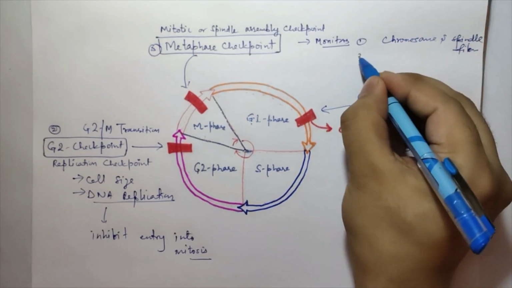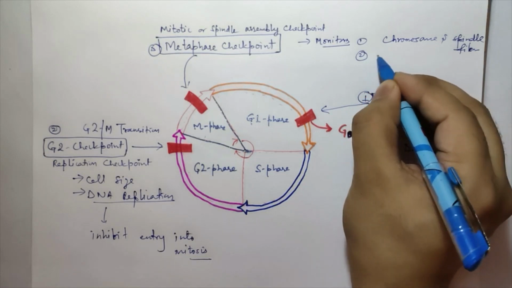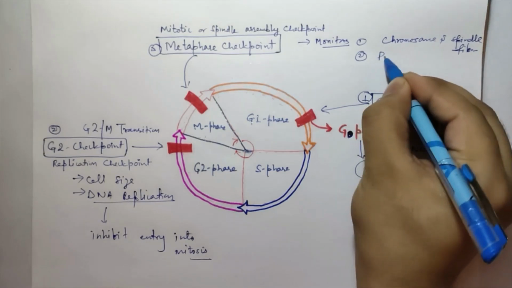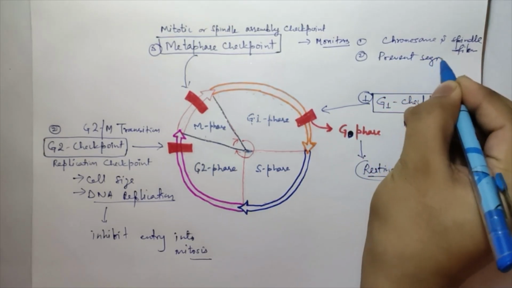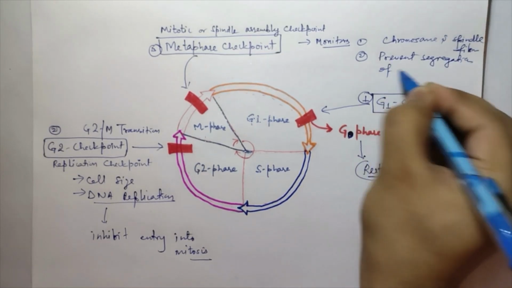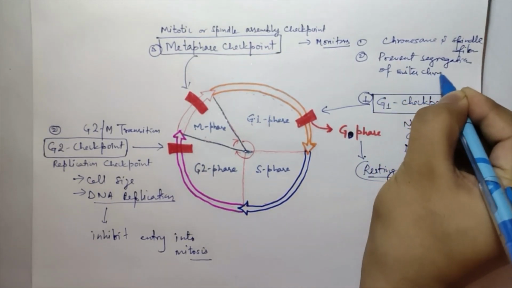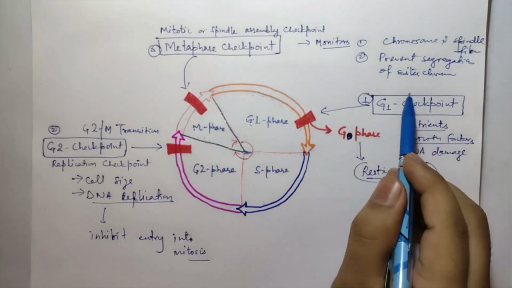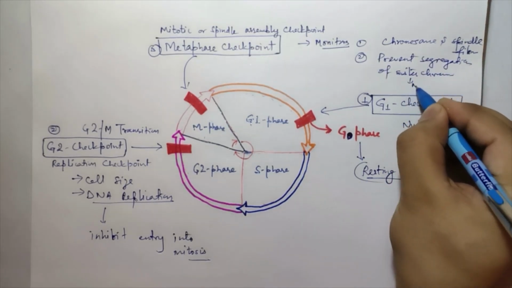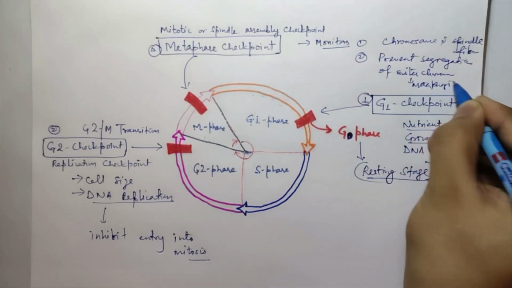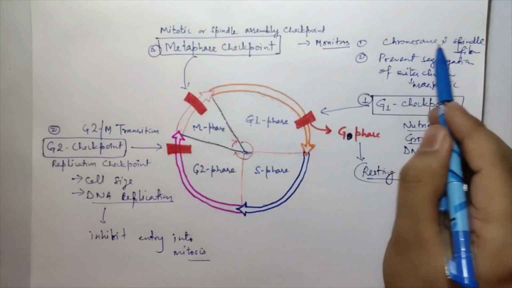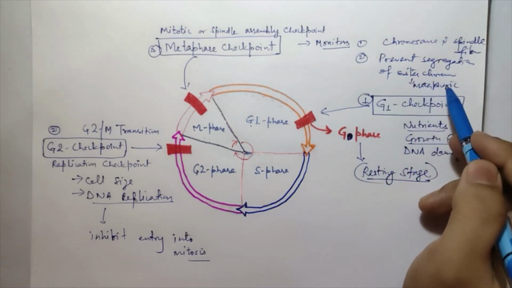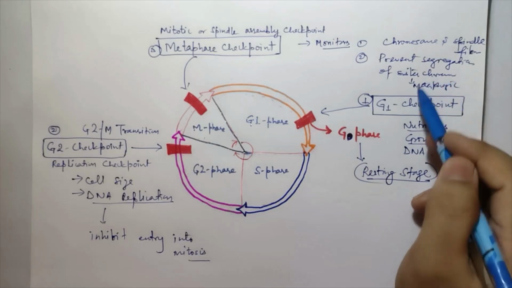Second, it prevents segregation of sister chromatids until they are properly aligned at the metaphase plate. So it monitors the attachment of spindle fibers to the chromosomes, and prevents the segregation of sister chromatids until they are aligned properly at the metaphase plate.